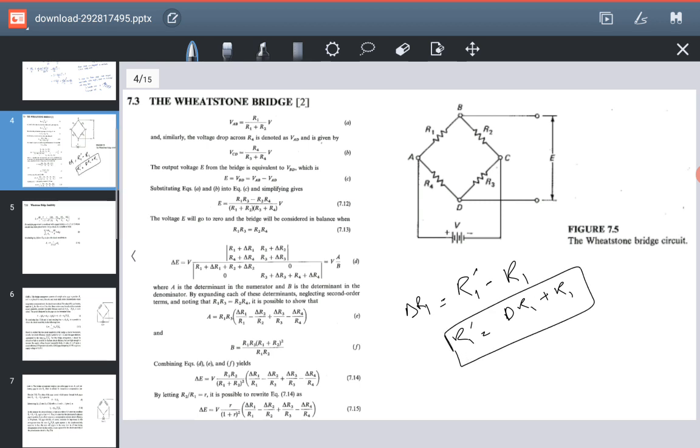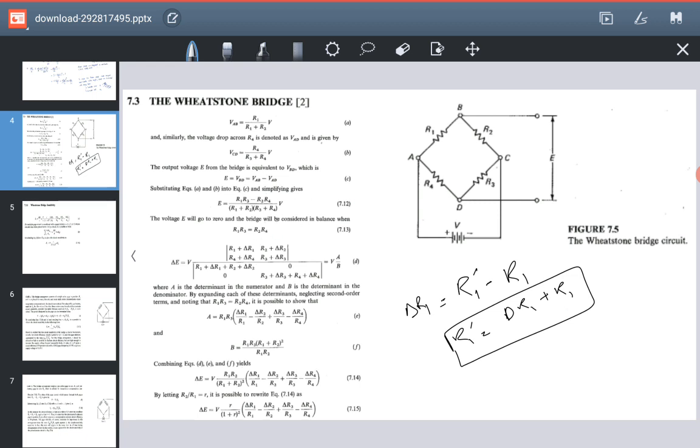R1 dash. Now if the resistance is changed, R1 will be replaced by R1 dash, R2 dash, R4 dash. So I have worked out R1, which is delta R1 plus R1.